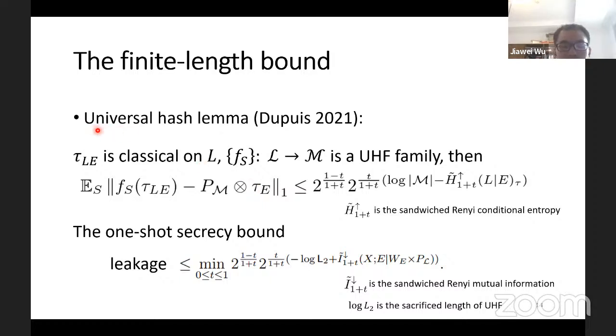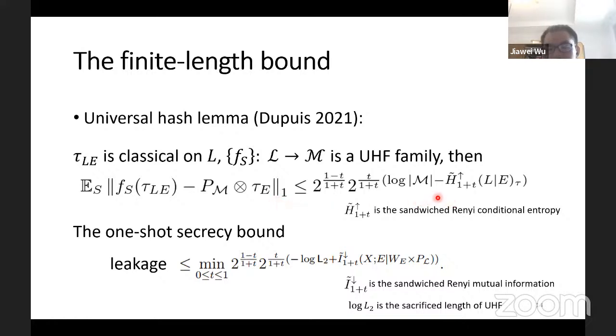First, I should introduce the universal hash lemma. That is, if we have a classical quantum state and a universal hash function family, and we apply this function on the classical L, then we have a bound on this trace norm.